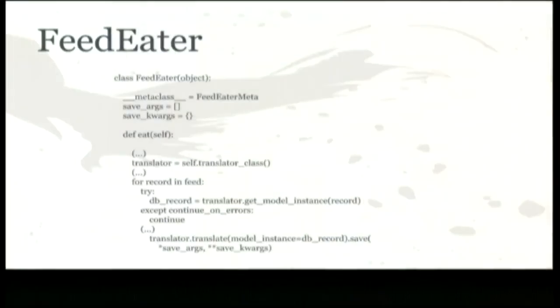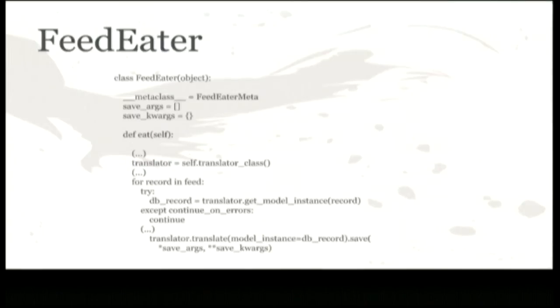So here is the FeedEater. As you can see, the eat method, there's some ellipses in here, but mainly, to get to the point, we pick up the translator class. We instantiate the translator class.